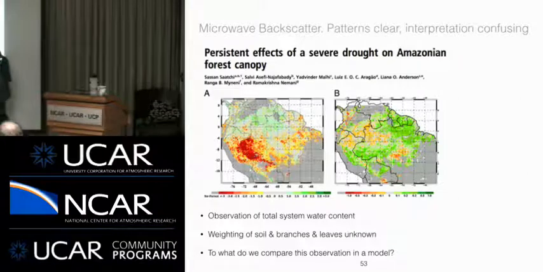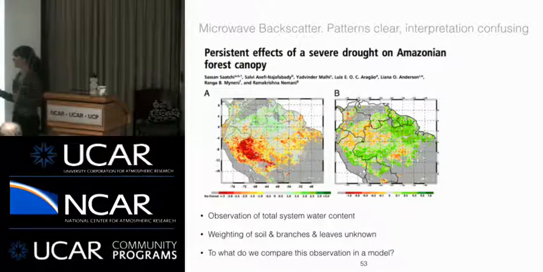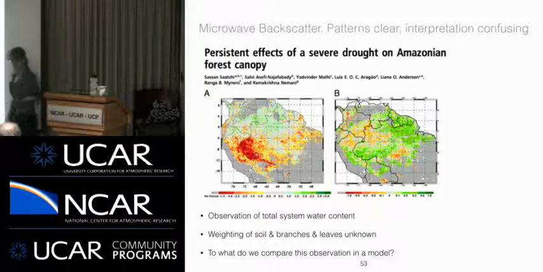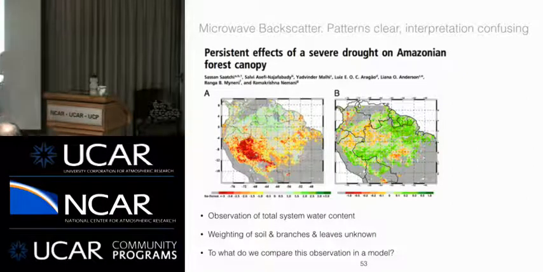What it shows is that the microwave backscatter, which passes over twice a day, in the afternoon passover, is an estimate of the total water that the satellite can see in the system. So if it can see the soil, it's the soil. If it can see the leaves, it's the leaves, right? And so it's an estimate of that. And we see this very strong structure in the 2005 drought in southwest Amazonia.